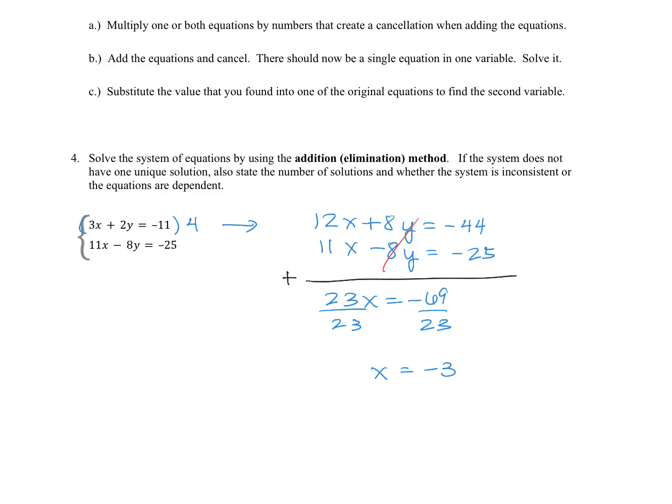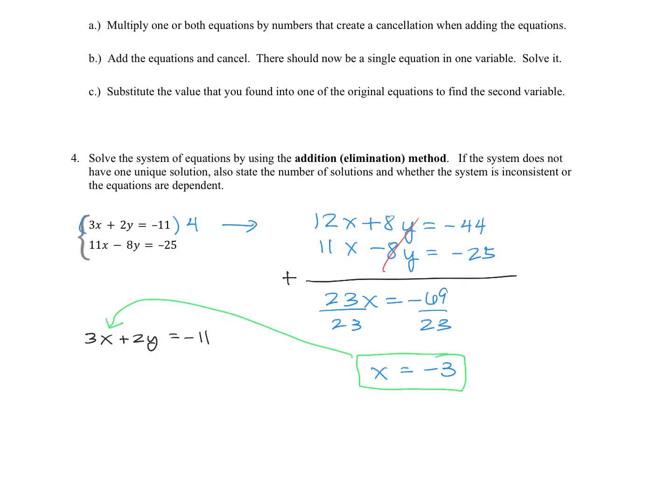Now, the downside is once you use this method, you don't have a quick, easy formula to get the other variable. But you still want to pick the one that looks like it's less work. So I'm going to take the first equation, the 3x plus 2y equals negative 11. And I now take that x equals negative 3, and I substitute it in place of that x.